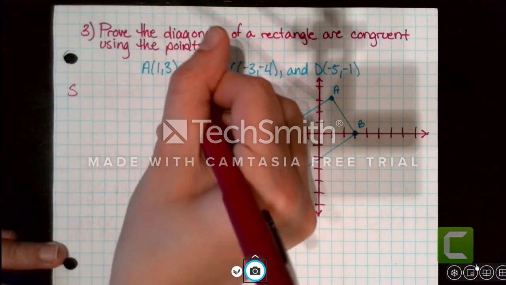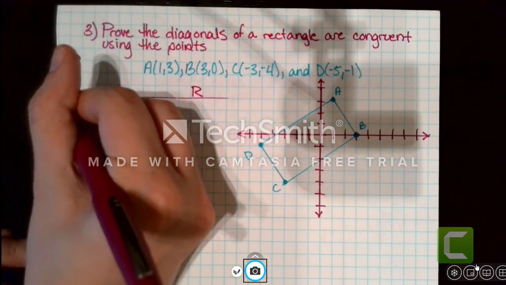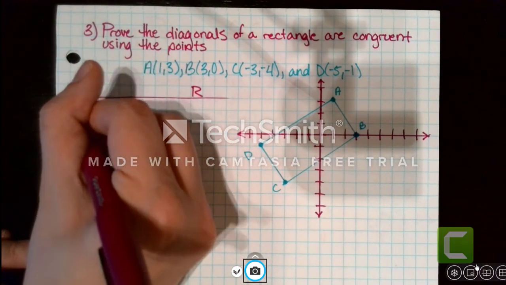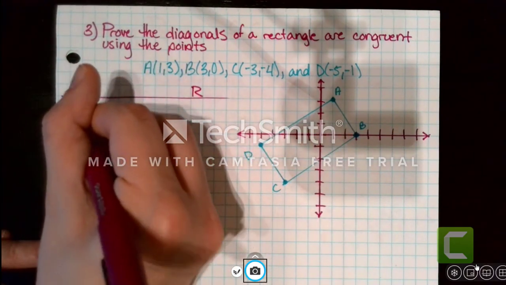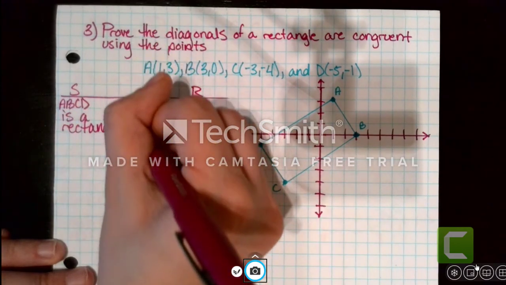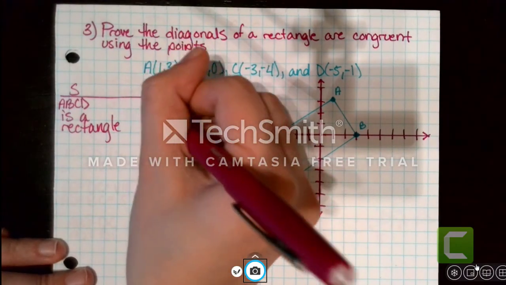And what we know so far is that shape ABCD is a rectangle. And again, since it is listed already in our problem, we can claim this because it's given to us.